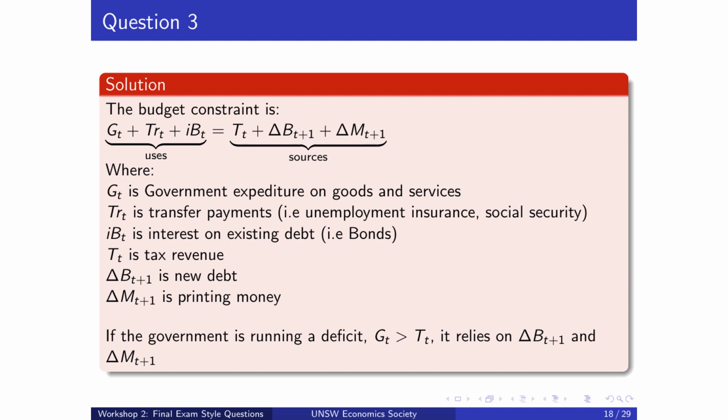Since B_t is the total amount borrowed so far, the change B_(t+1) minus B_t is an amount of new borrowing. The third source of funds is printing money, which is represented by the change in the stock of money, or the amount of new money printed at t+1. We normally assume this amount to be 0. If the government is running a budget deficit whereby tax revenue cannot cover government spending, they have to rely on borrowing and printing money.